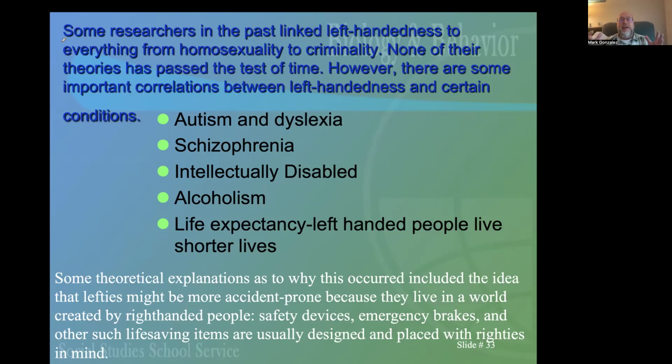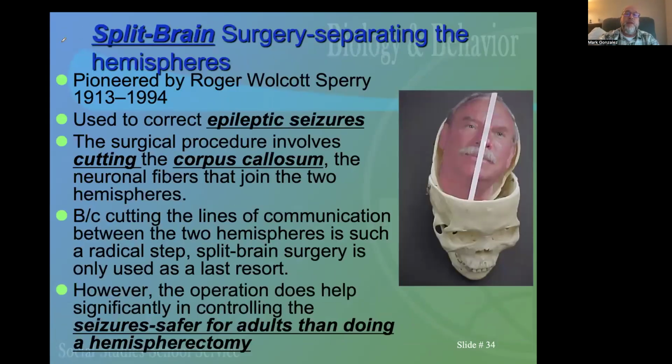So basically, lefties are living in a world created by the 90+% of us who are right-handed. I am. So that could be another reason why left-handed people are more accident prone, because they're using a lot of devices that are more geared toward people with the opposite handedness. So, interesting thought there. Okay.